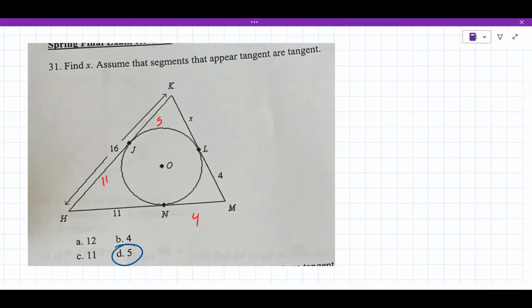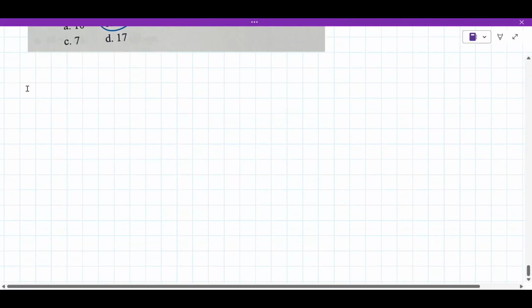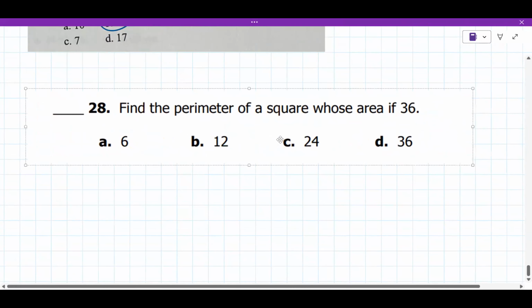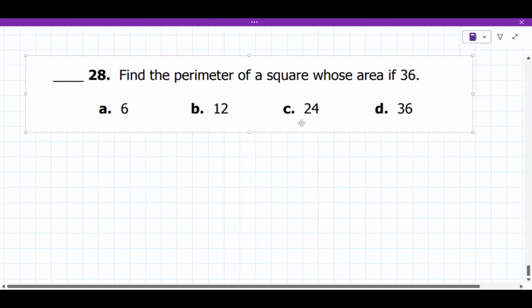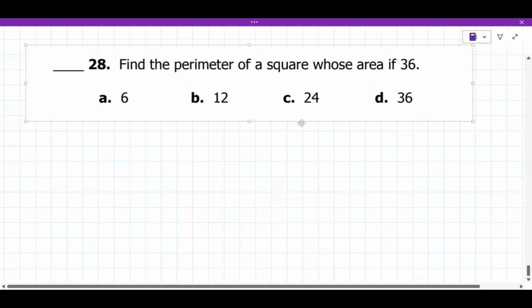Okay, let's look at some different problems here. The perimeter of a square whose area is 36.